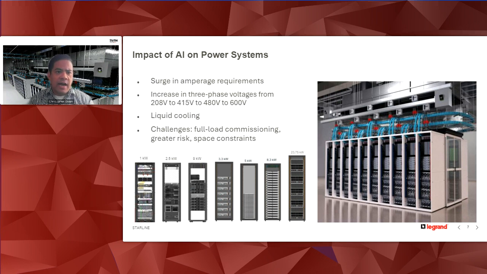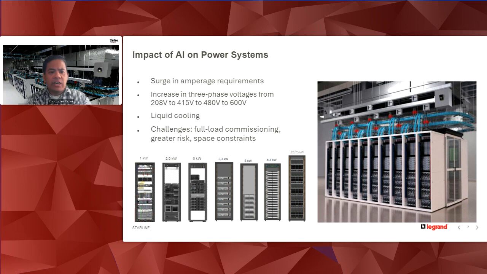Suffice to say, along with the amperage requirements increasing and the power demand increasing, we're seeing the infrastructure and the design evolving to a point where we're trying to get as much power out of the existing infrastructure and evolving current equipment to keep up with these demands.